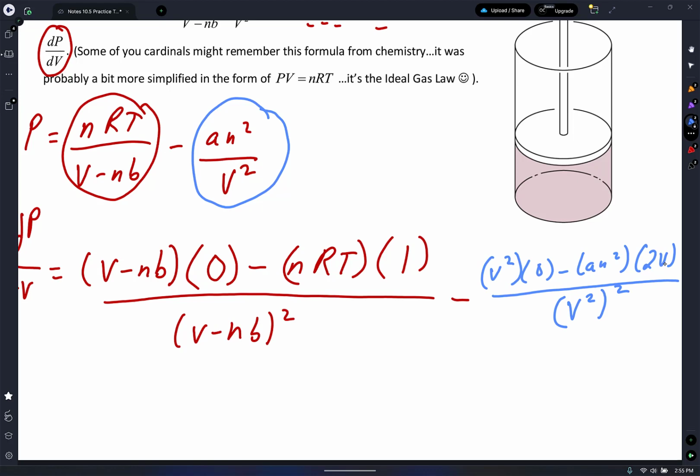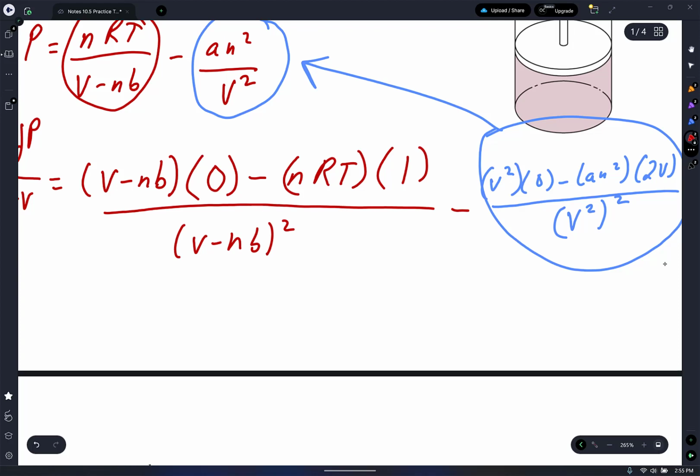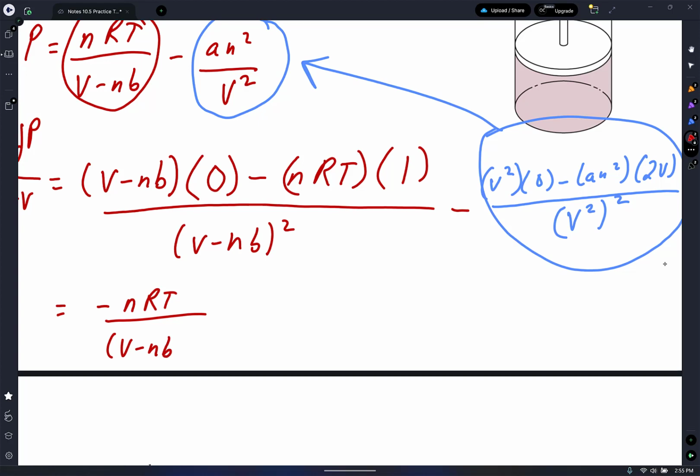All right, I'm going to make it pretty now. You guys ready? All this circled is that. So here it is, me making it pretty. So I have in the top negative nRT, because I was going to put this term first because it's positive, V minus nb squared, and then minus a negative turns it into a positive.